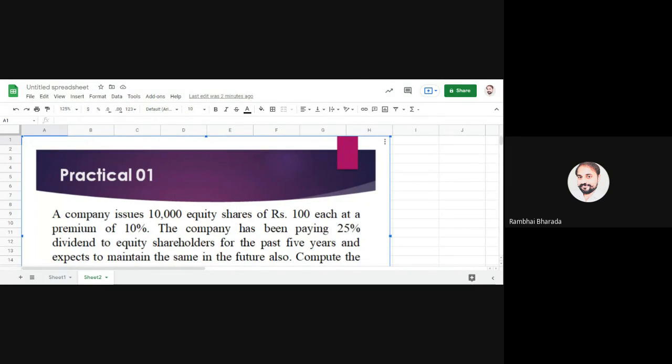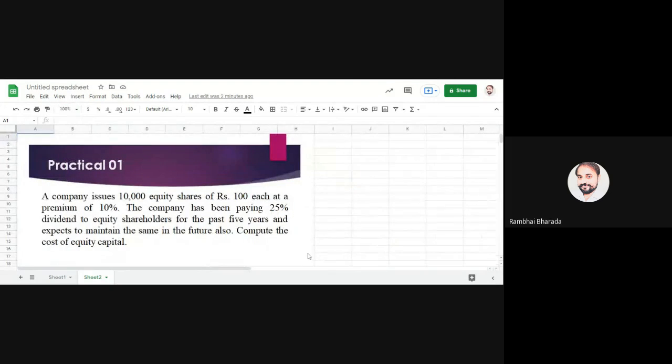You are required to calculate the cost of equity capital. Now, try to remember the formula. Your cost of equity capital means what we need to write? KE. Very good.